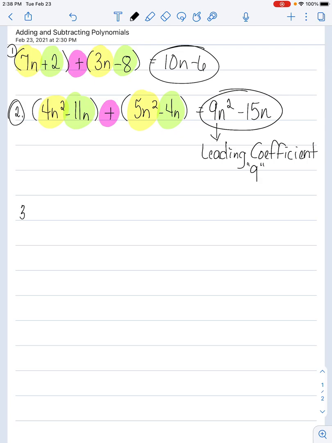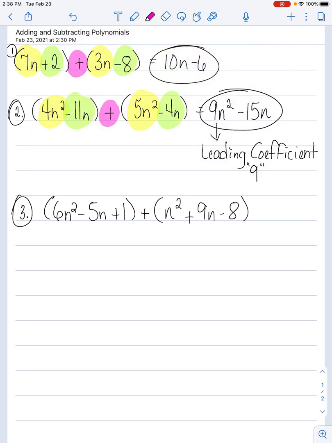Let's do one more adding polynomials. So let's say we have, let's do two more. Let's say we have 6n squared minus 5n plus 1 plus n squared plus 9n minus 8. So first, do I have an addition sign in the middle?